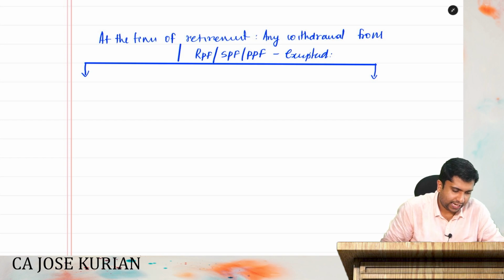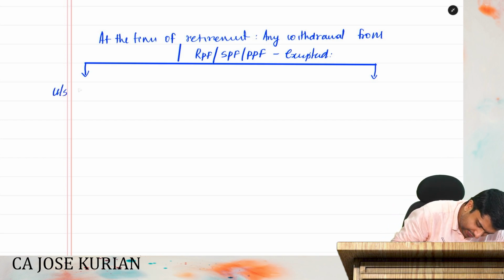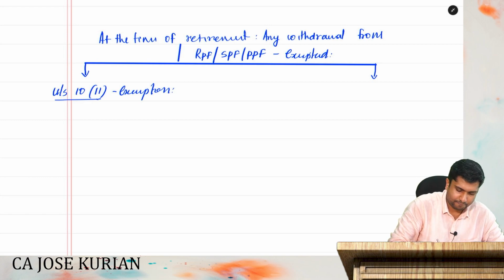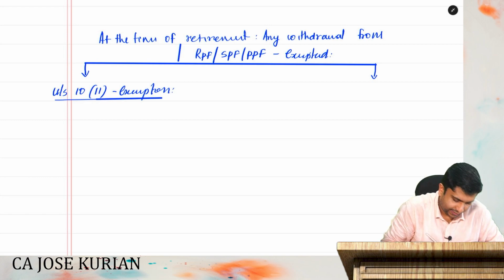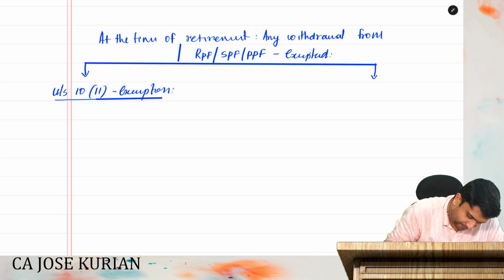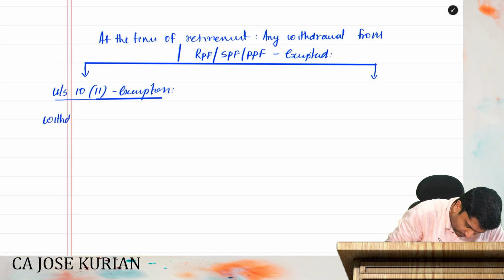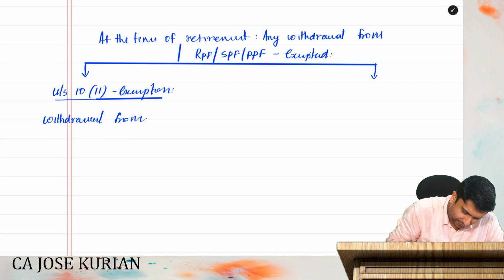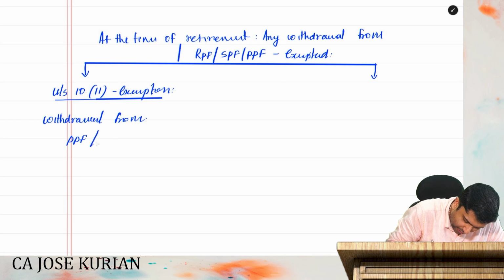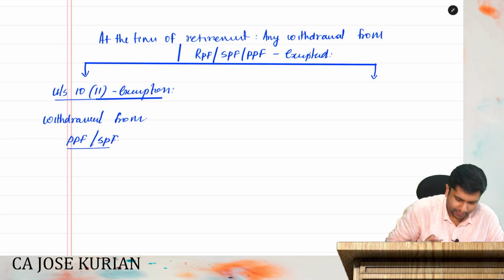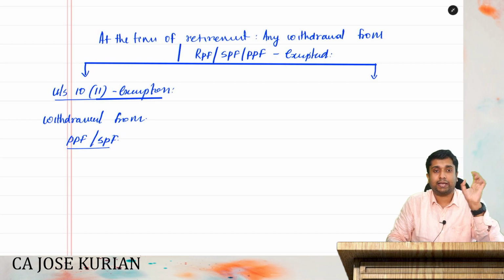The first set I will write: exemption under section 10(11). What they are saying is, when you withdraw an amount from public provident fund, PPF, or SPF, you can claim an exemption at the time of withdrawal.